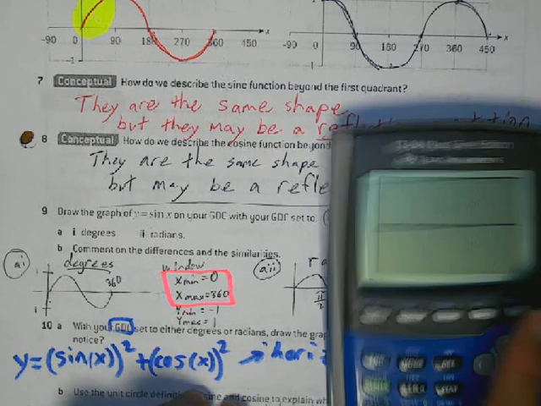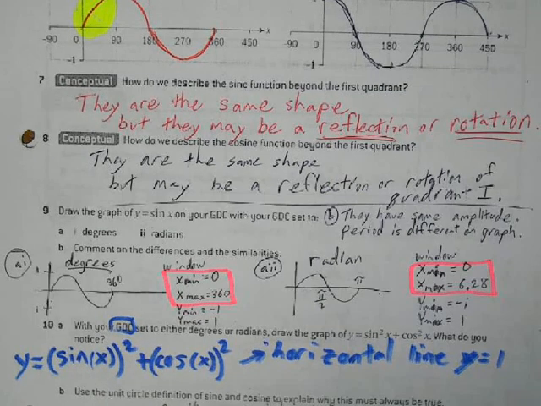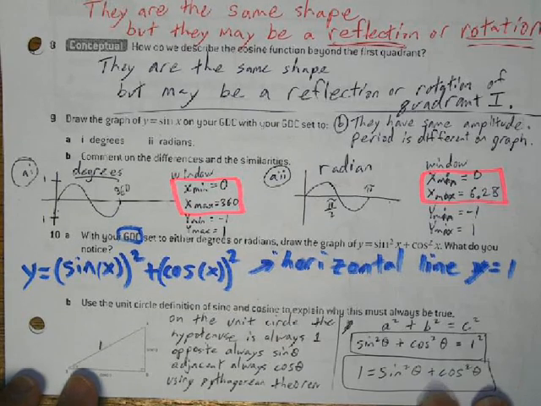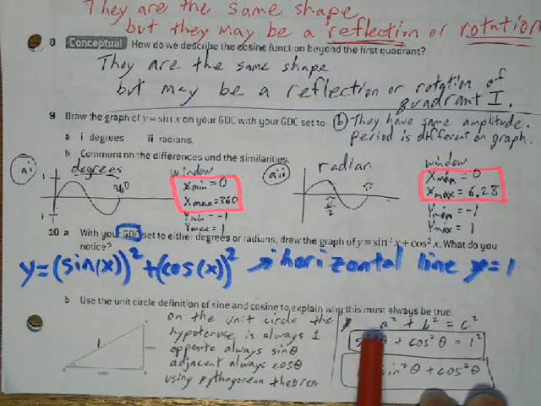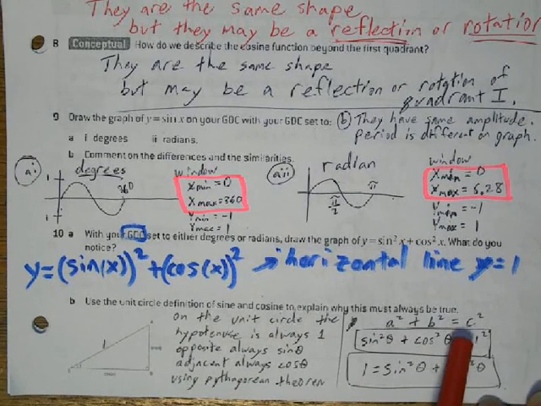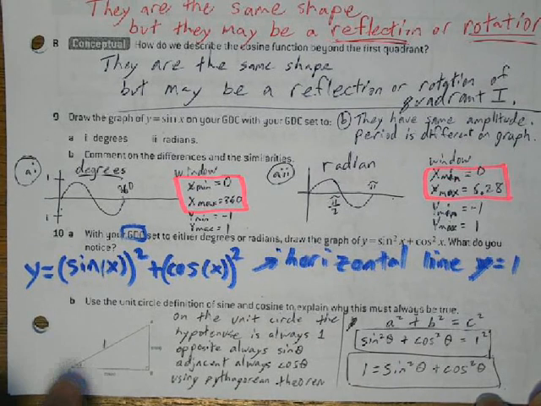So why is this happening? You've all heard of the Pythagorean theorem: a squared plus b squared equals c squared. So here's my triangle, and let's just call it a right triangle.